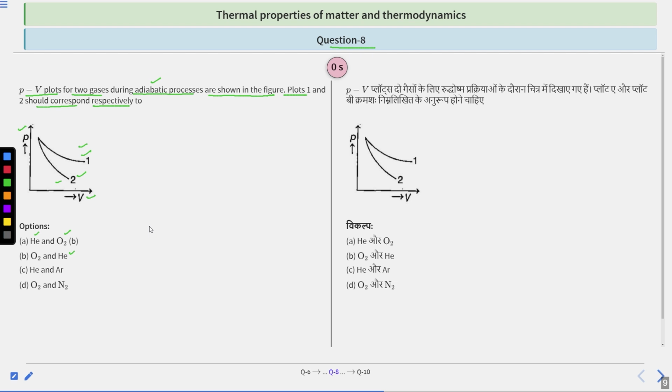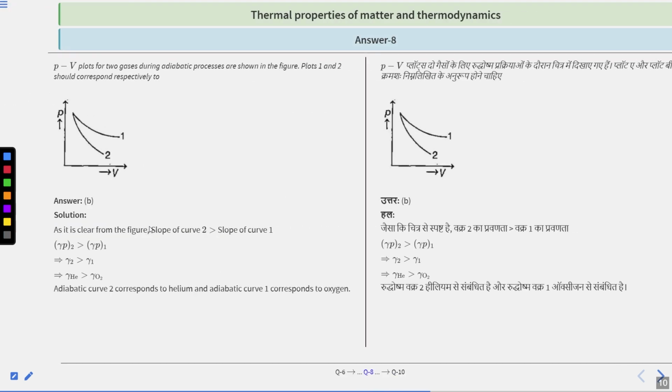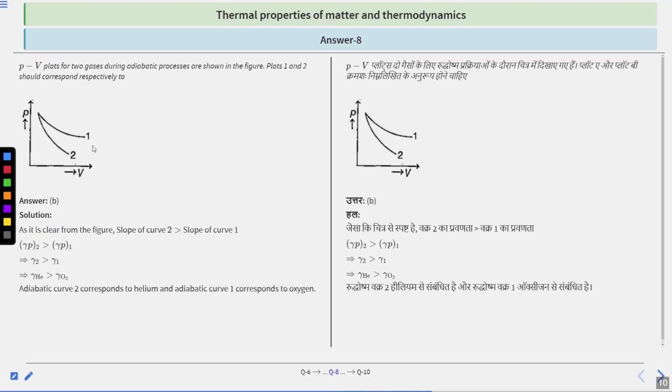Let's find a solution. So this is plot 1 and this is plot 2. The question asks what plot 1 and plot 2 should correspond to, respectively. This is the PV curve.